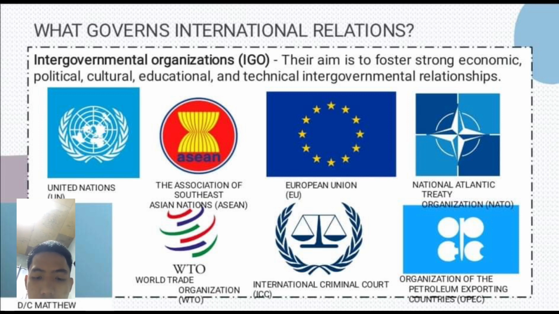Intergovernmental organizations, whose aim is to foster strong economic, political, cultural, educational, and technical intergovernmental relationships. Institutions such as the United Nations, the World Trade Organization, and the International Court of Justice are taken to have, over time, developed power and influence to shape the foreign policies of individual states.